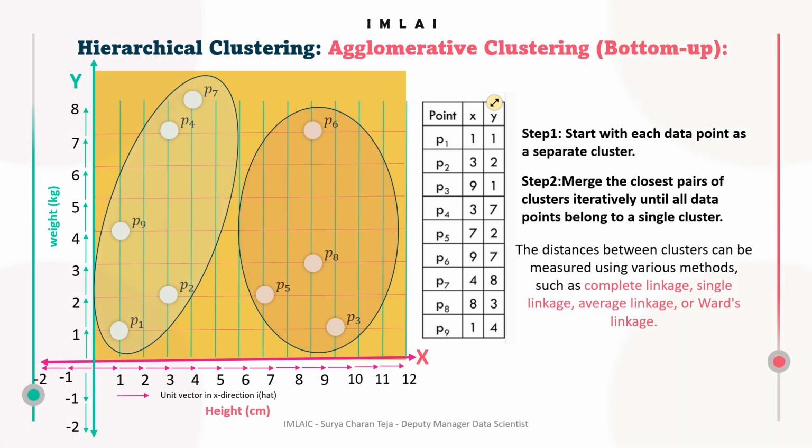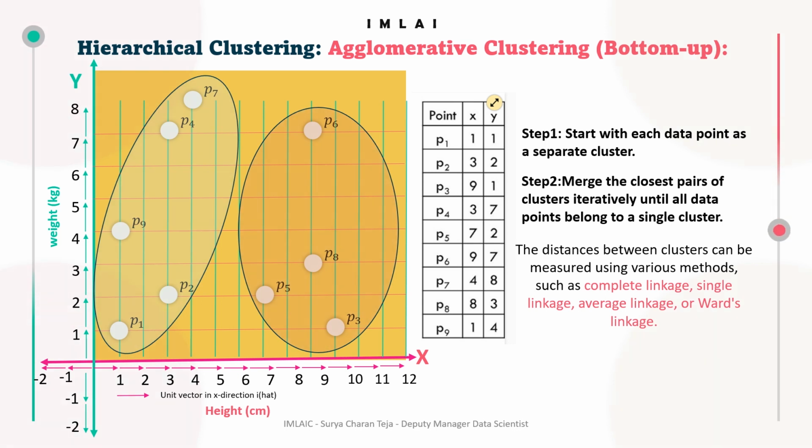But to measure the distance between the clusters, we need to use methods such as complete linkage, single linkage, average linkage, or Ward's linkage. We are going to explore each and every measuring technique soon. But before that, let's take the same example and let's begin.